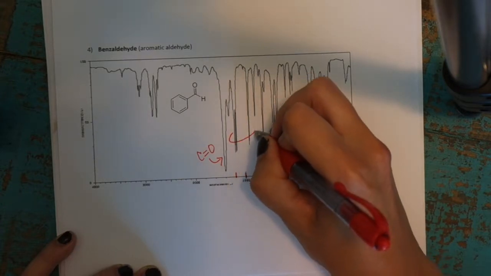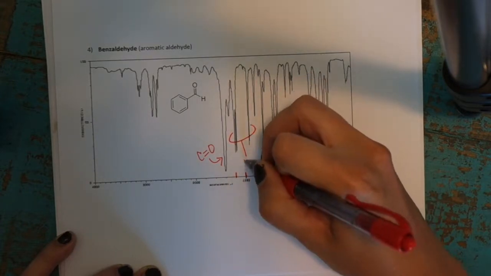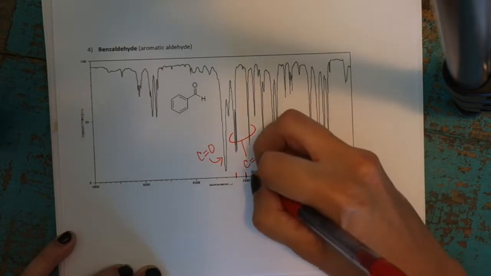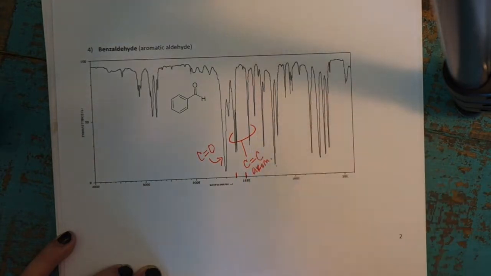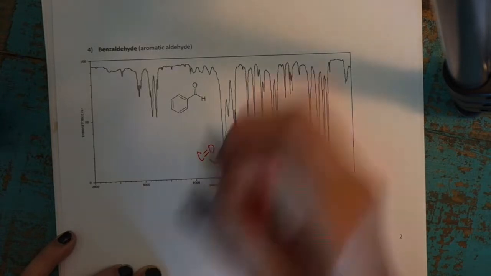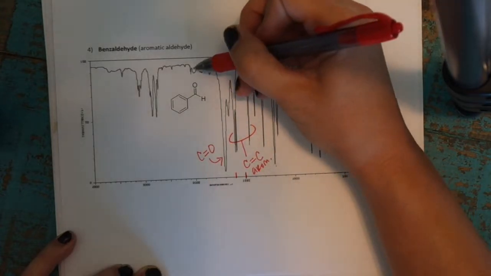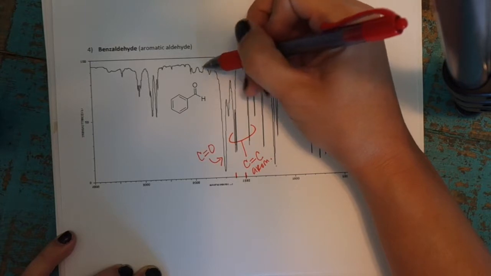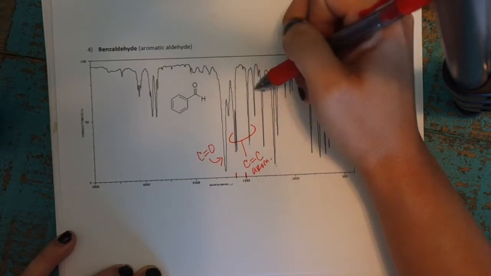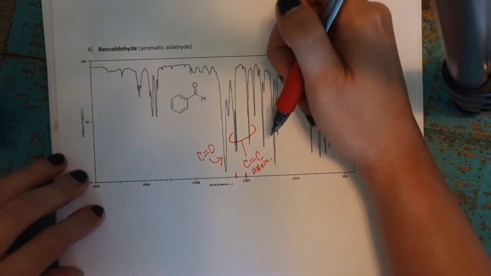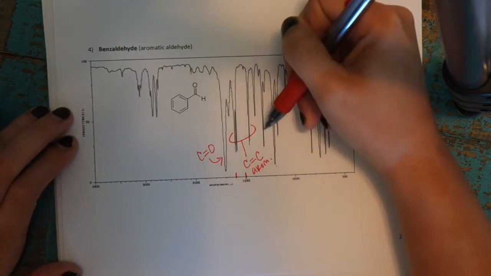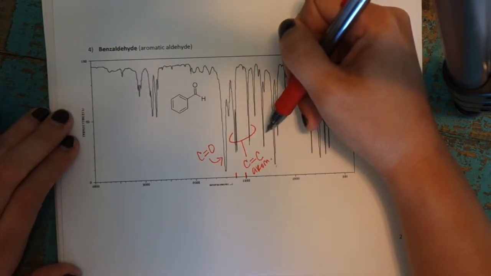This stuff is weaker but still sharp. That looks like our double bonds from our aromatic ring. Again, sometimes with aromatics you'll see little blips like this. They call those overtones. That has to do with other bond movements that we don't need to worry about. You want to focus on the more major noticeable stuff.